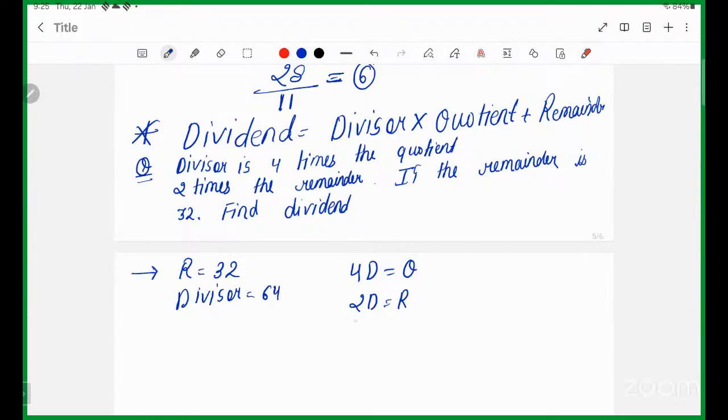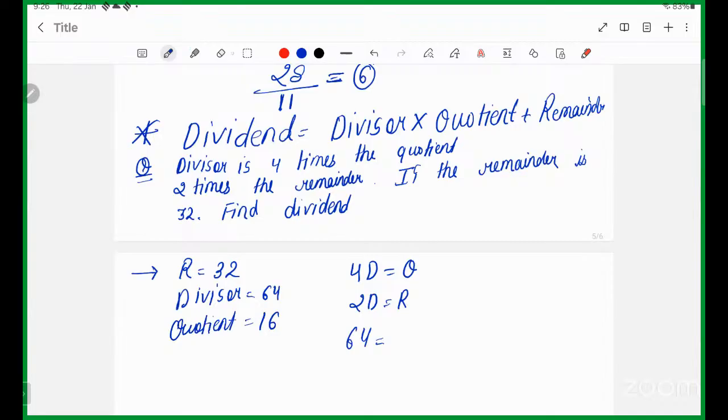And if I put 64 and find the quotient, it will be 16. Divisor is 4 times the quotient. So what will be the quotient so that the divisor is 4 times? It will be 16.